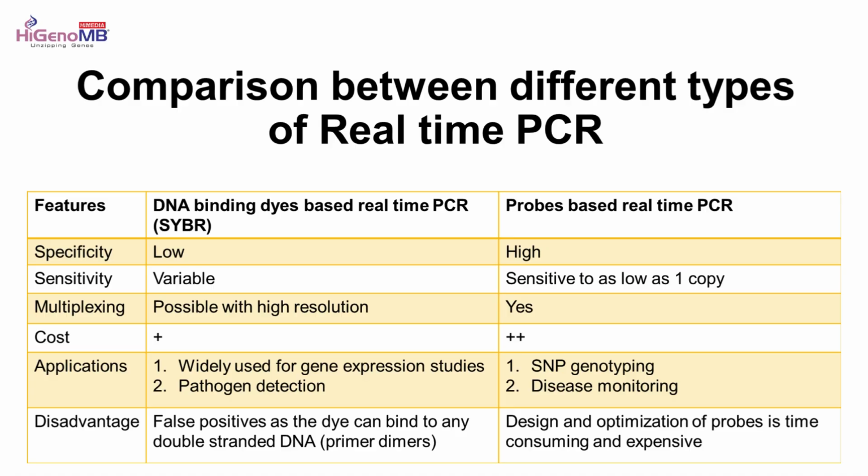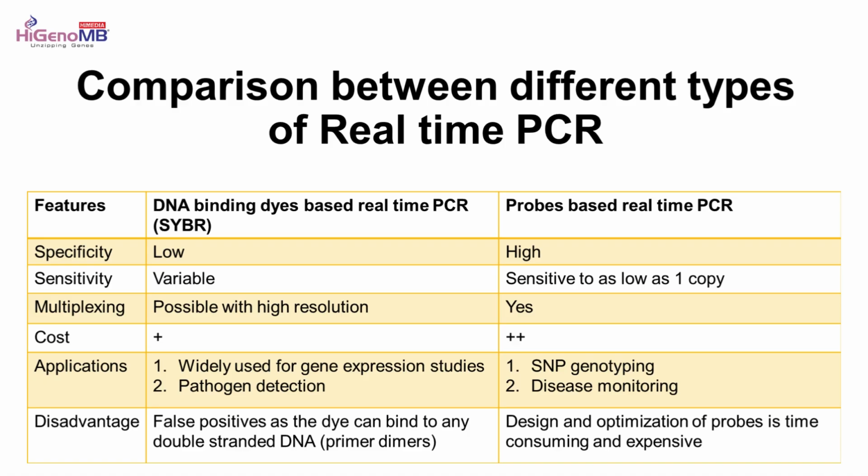As I explained, there is possibility of false positives because the dye can bind to any double stranded DNA such as primer dimers. The disadvantage of the probe based real-time PCR would be that the design of these probes is really cumbersome, and the optimization of probes is time consuming and expensive. If you are working in an industry and you require very high throughput technology, then probe based real-time PCR would be helpful.